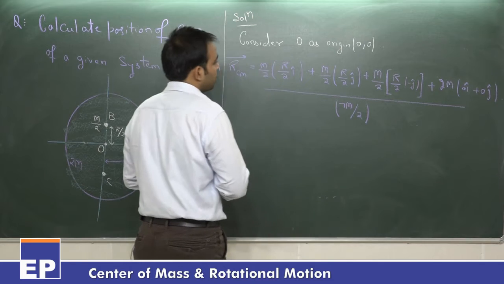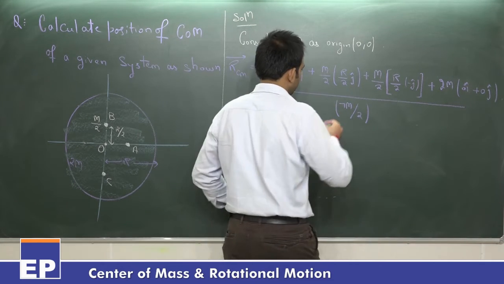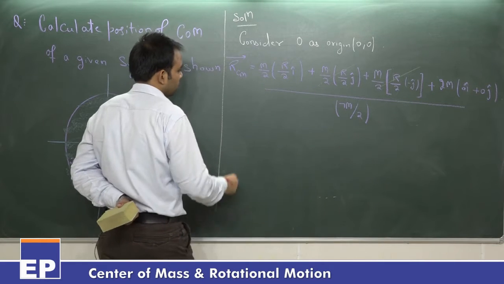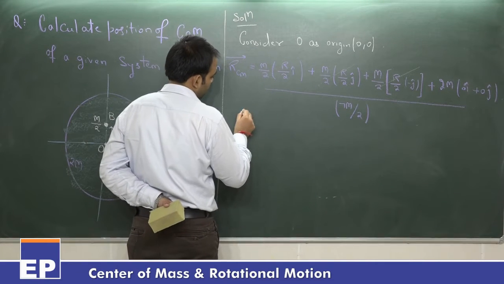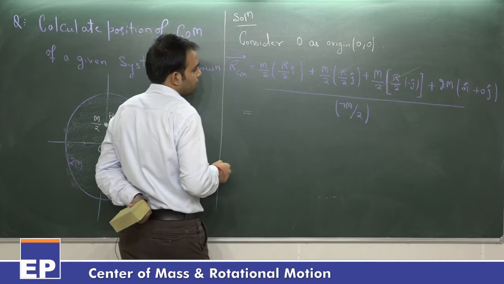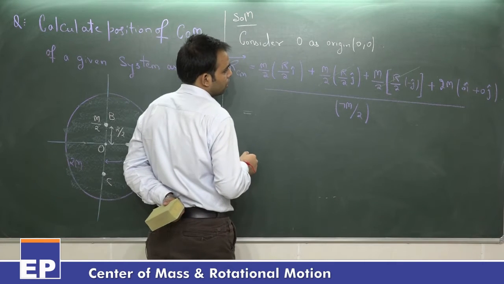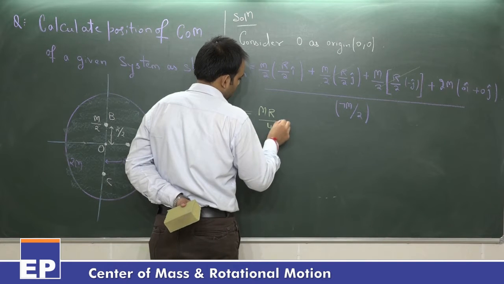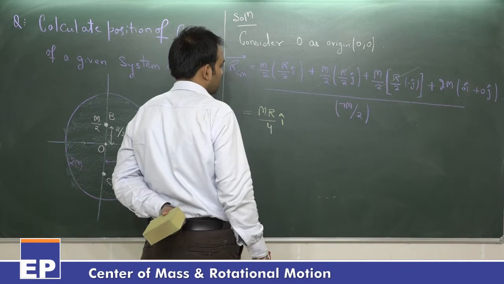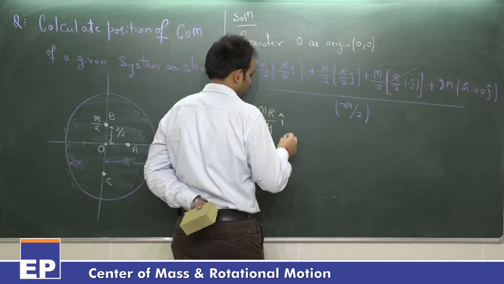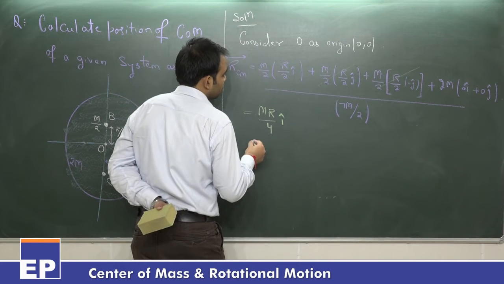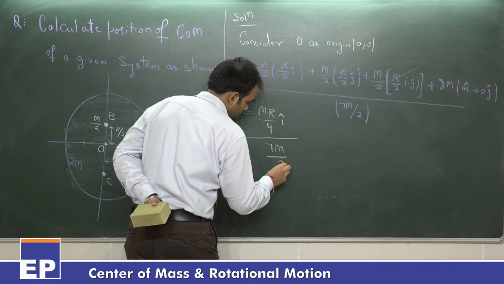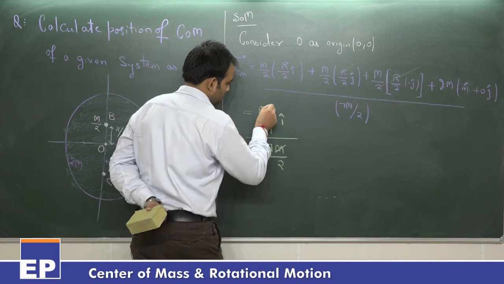राइट, अगर हम इसमें से देखें, these two terms will cancel out. सिर्फ बचेगा क्या? It will give only mr by 4 i cap divided by 7m by 2.